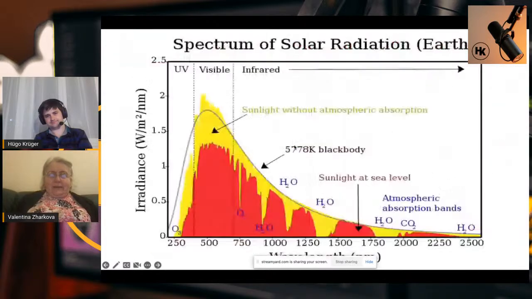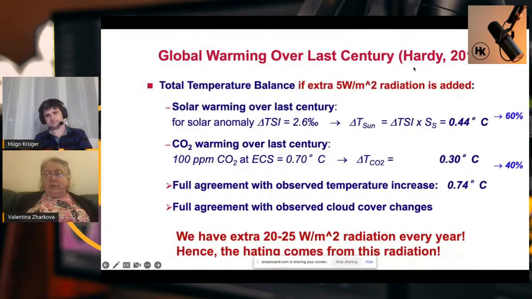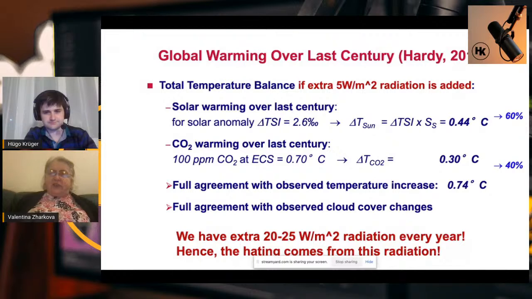And Hardy, once he put in some elements of radiative transfer, not even the whole of it, he added extra layers, and he increased the radiative input to 5 watts per square meter. And when increased, he found that 60% would be caused by this radiation, and only 40% by CO2. But he still didn't consider it fully properly.